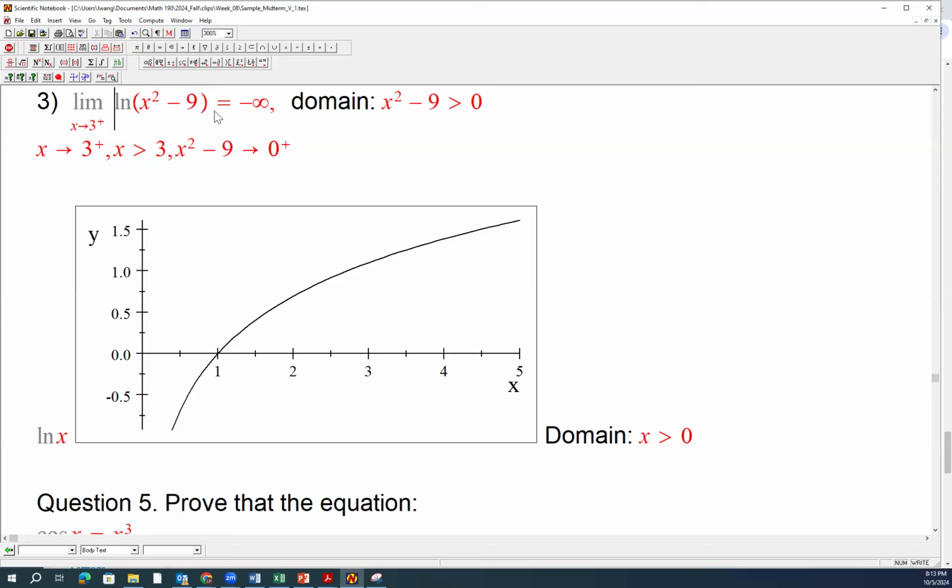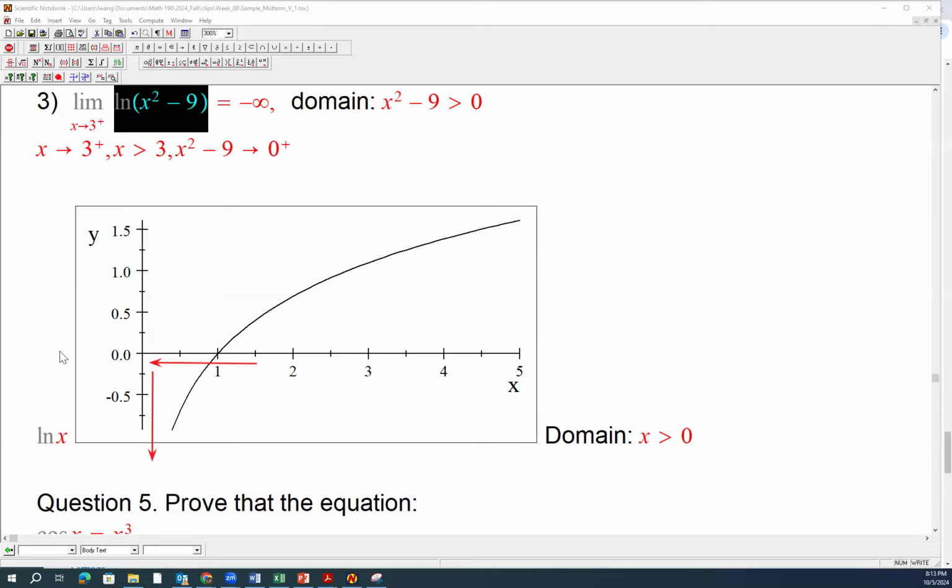So instead of looking at this function, we look at a comparable situation: when x is approaching 0 from larger than 0, the function's value is approaching negative infinity. So that's how we get the limit. It approaches negative infinity. So it's really a vertical asymptote.